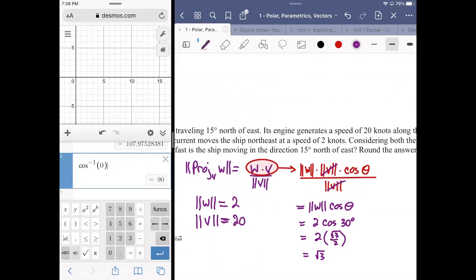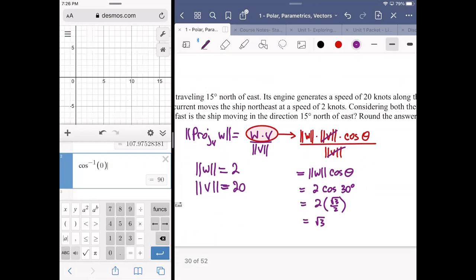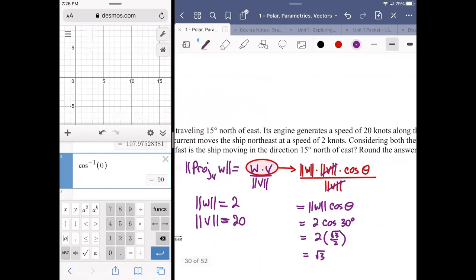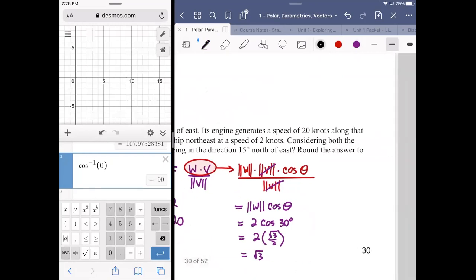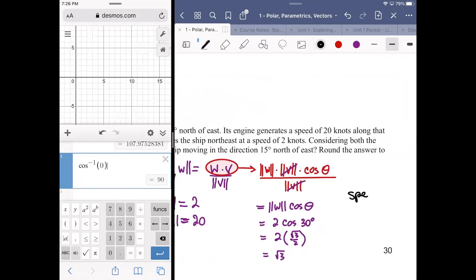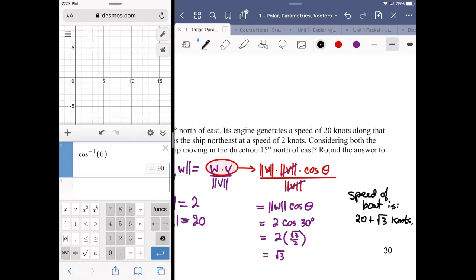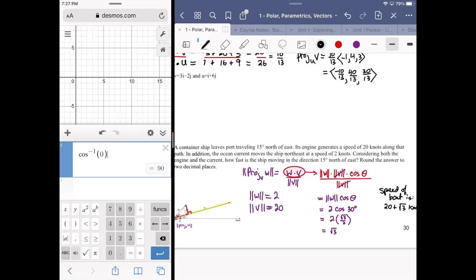All right, so if I want to know what the boat is actually doing in terms of speed, I would take the sum of that value and the 20. Right, so the speed of the boat is 20 plus radical 3 knots. All right, and in decimal form if we want, round the answer to the nearest 2 decimal places.